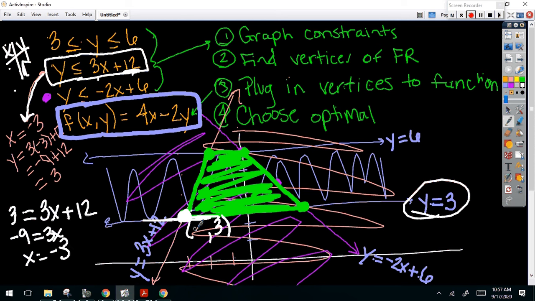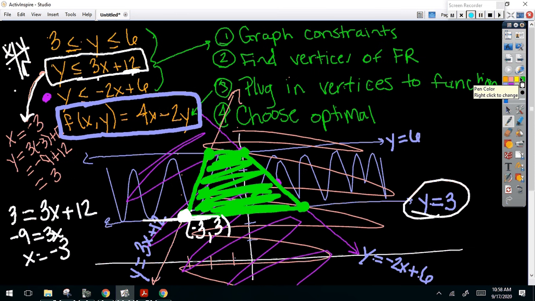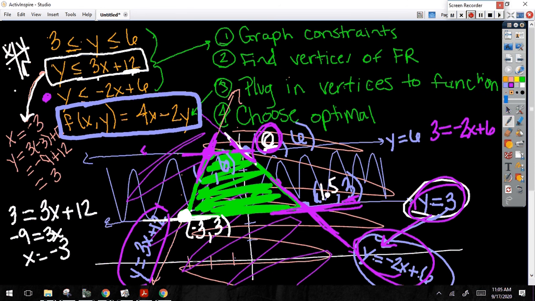My feasible region vertices are 0, 6. So I'm going to plug 0 in for x. I'm going to do f of 0, 6. And then I'm going to do f of 1.5, 3. And then I'm going to do f of 3, 3. Which one? This one? Oh, is it negative 3, 3?